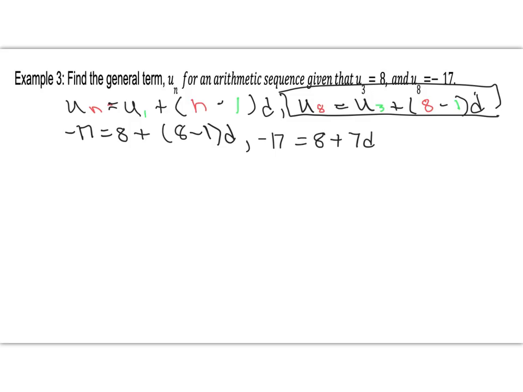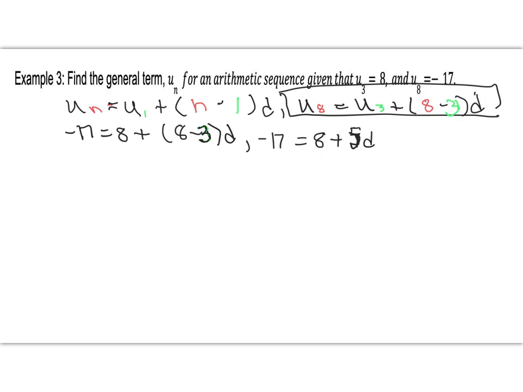If I go ahead and subtract 8 from both sides. Oh, that's not a 1. What am I doing? Up here, this is a 3. So I already made a mistake. This is 5D, not 7D.